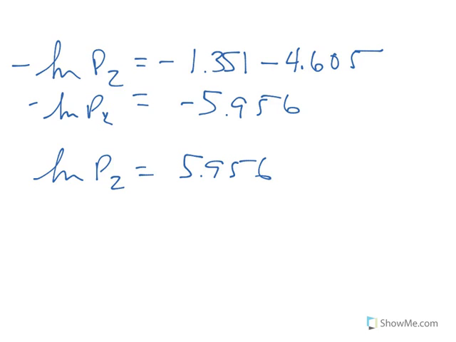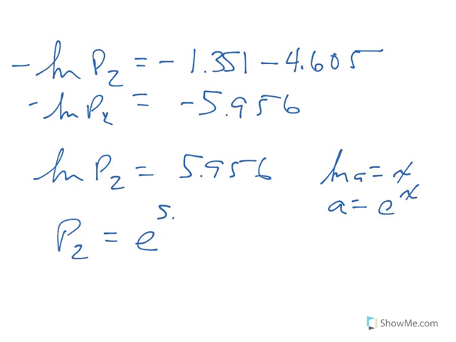And what I'll have to do now to isolate P2, remember, ln of A equals x. If I want to solve for A, I need to do e to the x. So P2 is equal to e to the 5.956.